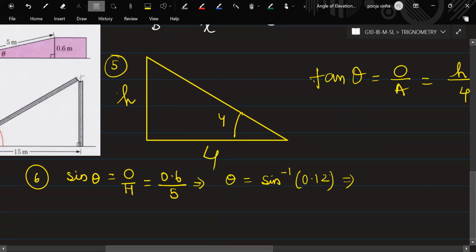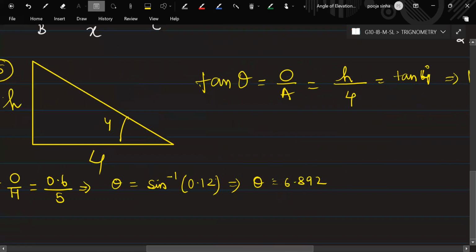Sin inverse of 0.12 is how much? Theta is equal to 6.892, and that will become approximately 6.89 in 3SF. Clear?